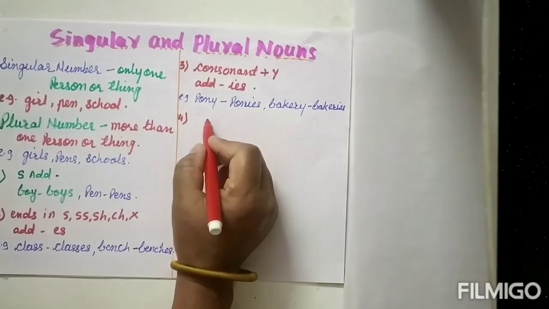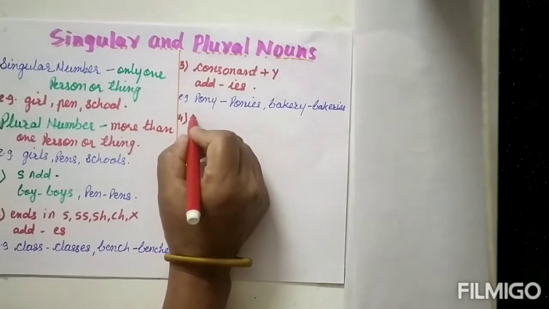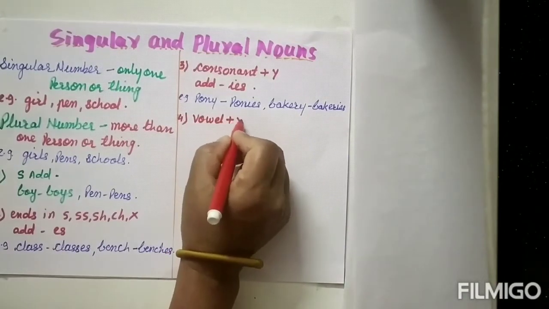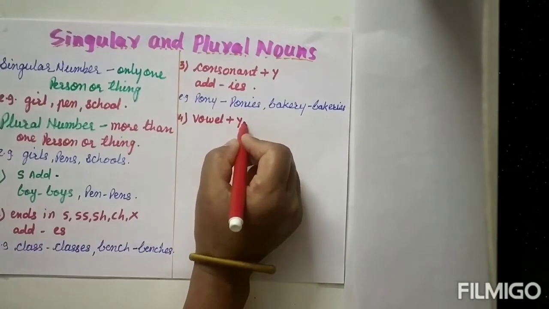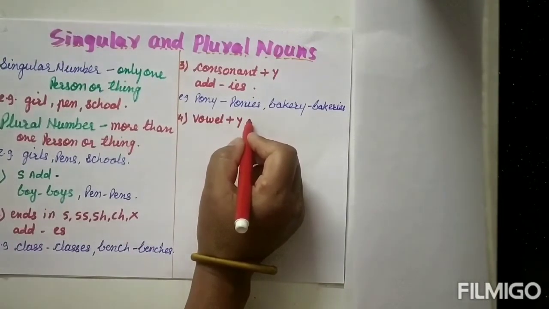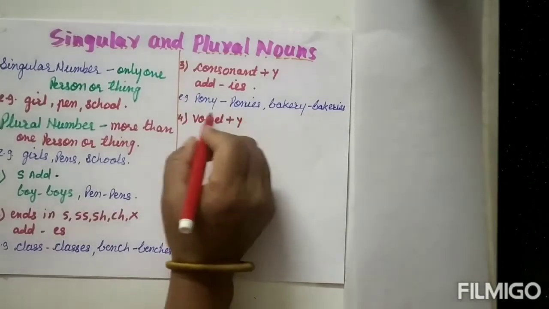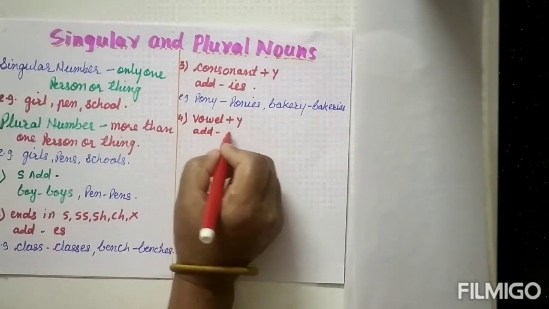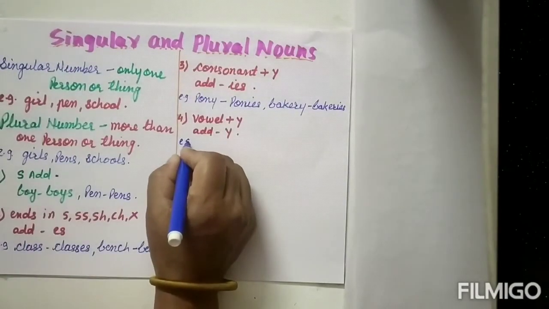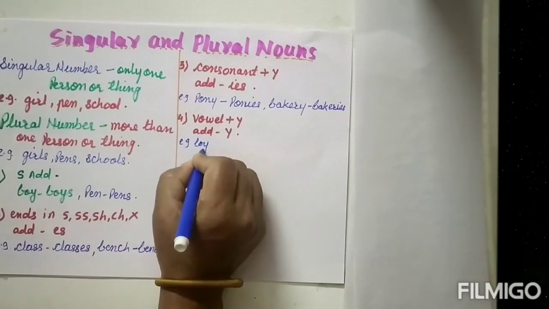Now next rule, fourth. If a noun ends in a vowel plus y, then what to do? Change to plural by adding s after y. Means just we are going to add s. For example, toy.